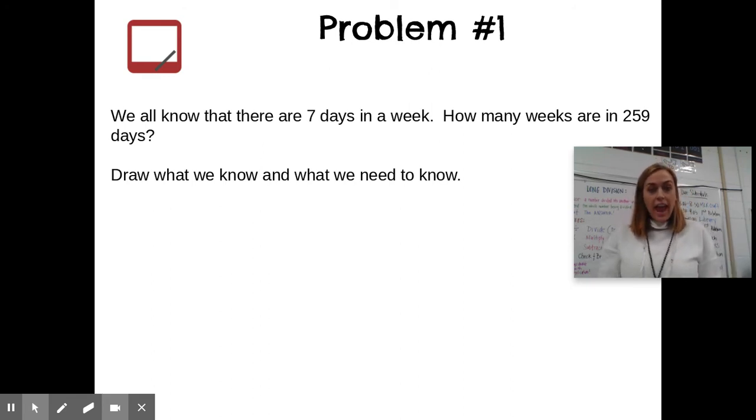And we are looking at problem number 1. It says, we all know that there are 7 days in a week. How many weeks are in 259 days? So what they're wanting you to do here is to draw something that shows what we know about this problem and what we still need to know.